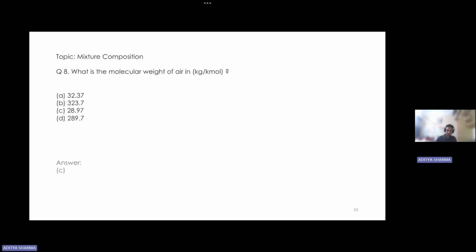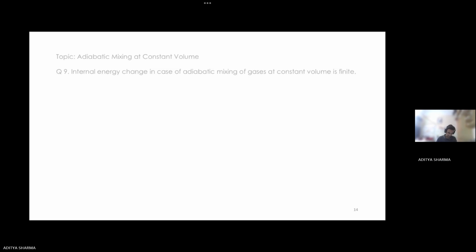Okay, so moving on to the next question. This is on adiabatic mixing at constant volume.